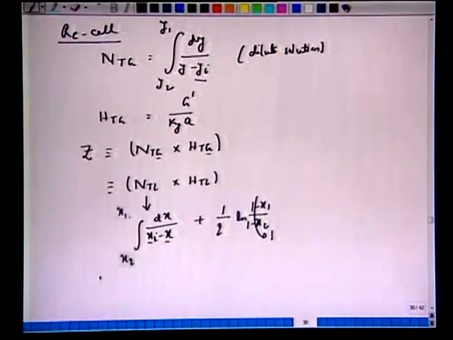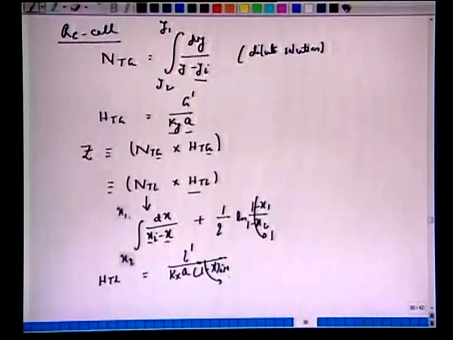Similarly, this HTL can also be written as L prime over kxa. Notice that in kya we had a quantity 1 minus y, the logarithmic average of the interfacial concentration with the mole fractions, which has been taken as 1 if you assume dilute solutions.